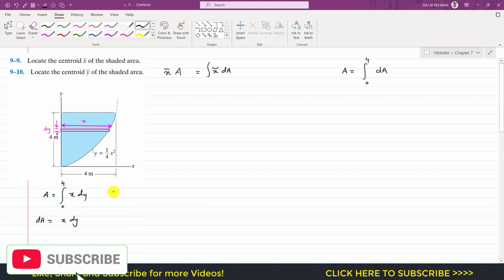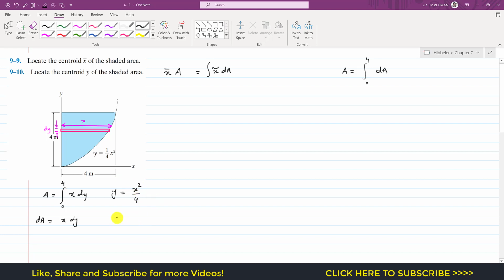We are given that y is equal to x squared divided by 4. From this we can write that x squared equals 4y, and if we take the square root, then x is equal to 2y to the power 1 divided by 2. So now dA is equal to 2y to the power 1 divided by 2 dy.